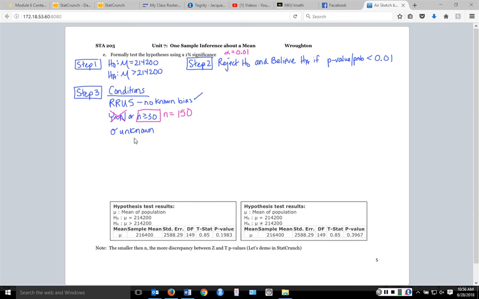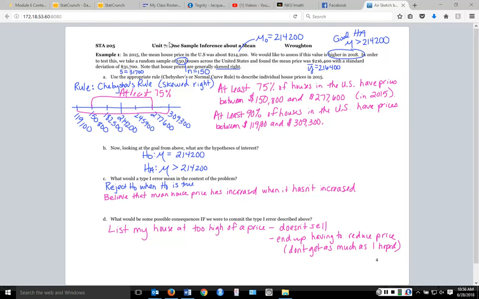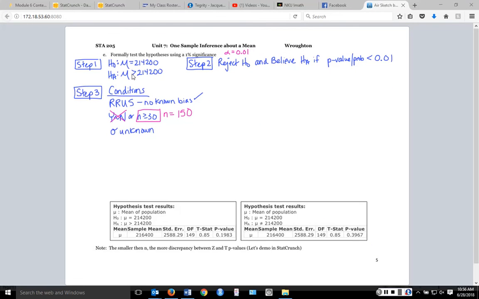Is my population standard deviation unknown? Yeah, I didn't label sigma here anywhere. I did have a sample standard deviation, but I did not have the population one. So that's correct, but I will go ahead and label for myself here that I had 31,700 as my sample standard deviation.